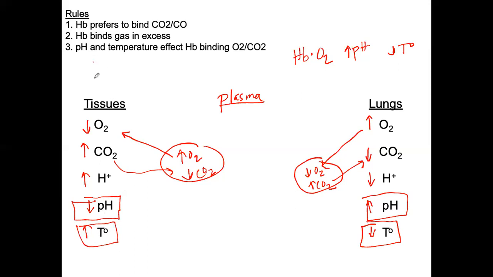So hemoglobin releases oxygen, right? Or doesn't like to bind oxygen, or has a lower affinity for oxygen when we have a low pH of the plasma, or low pH of the blood, and high temperature, right?